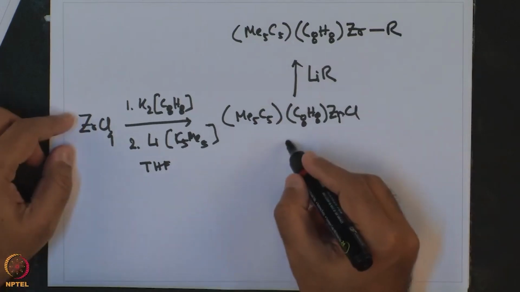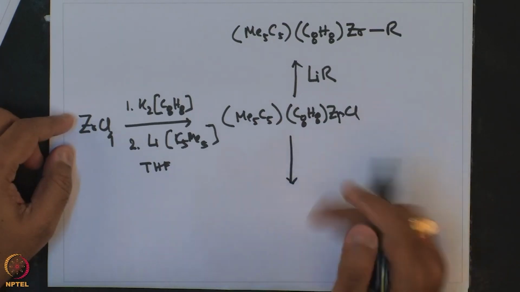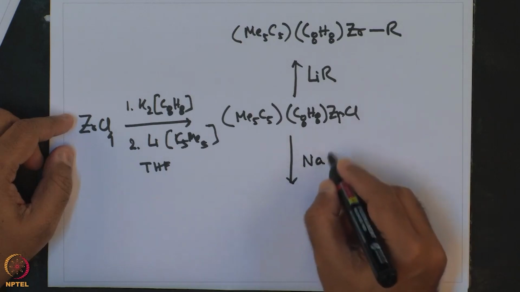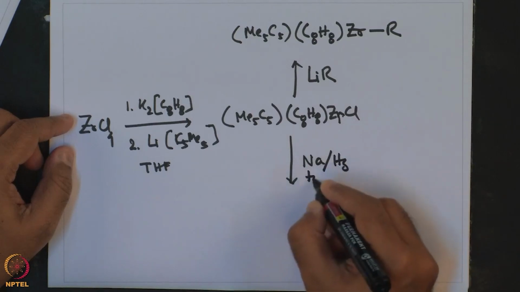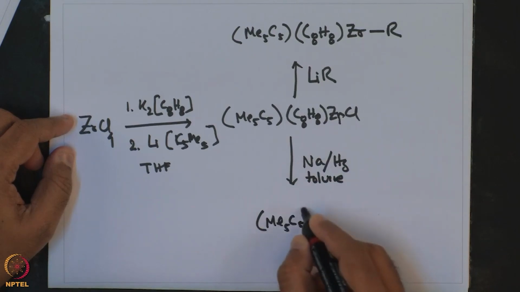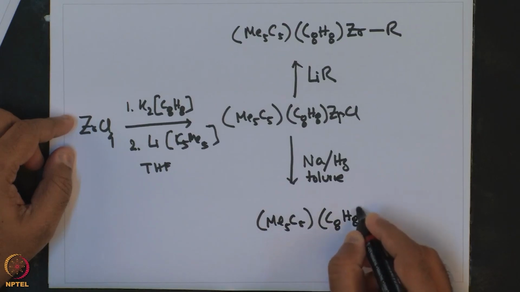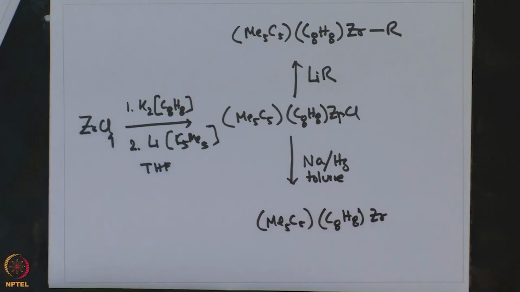And if one were to do this reduction of zirconium 4 over here with sodium mercury, Hg, in toluene, then one would end up with (Me5C5)(C8H8)Zr.